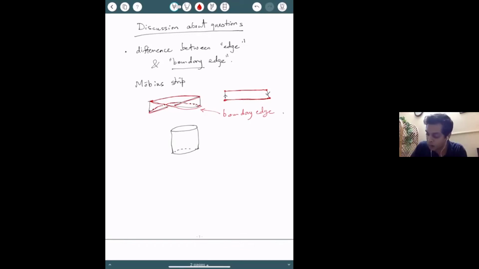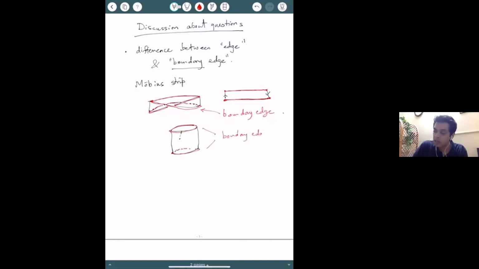This is what happens if you're an ant on a cylinder. You walk along the cylinder, and then suddenly you find yourself at a sharp edge. That's what a boundary edge is. For a cylinder, there are two boundary edges.